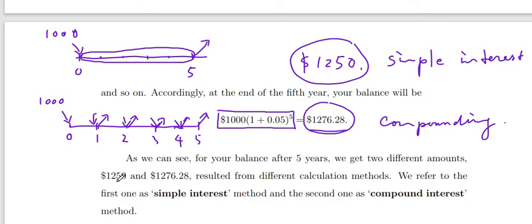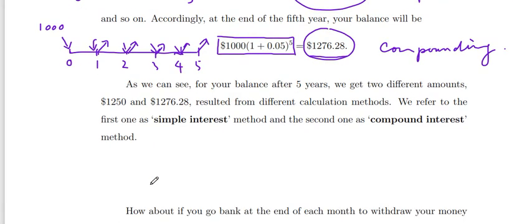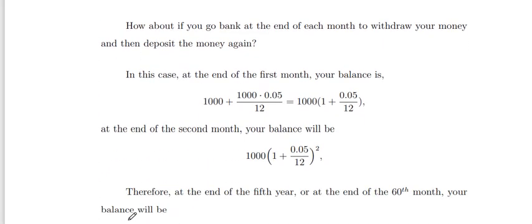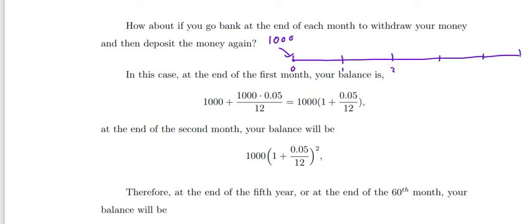So now, how about compounded monthly? Let's say at the end of each month, the bank calculates your balance. So at time 0, deposit $1,000. Here 1 year, 2 year, 3, 4, 5, like this.